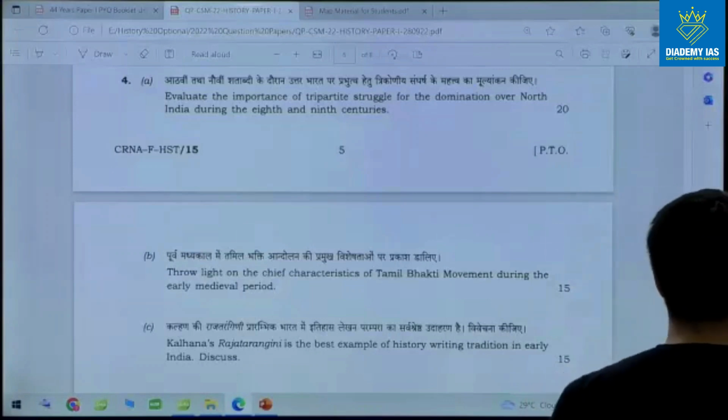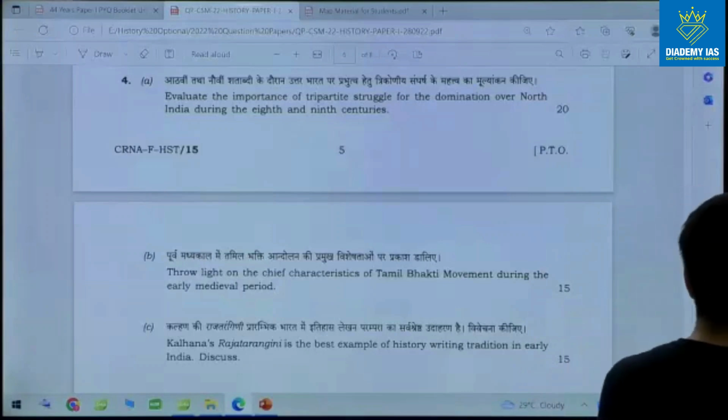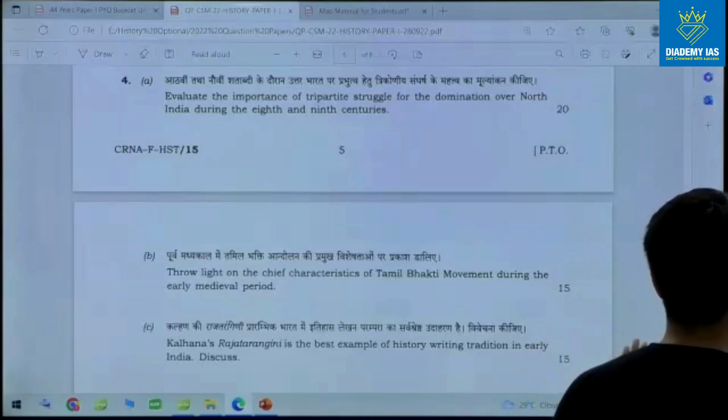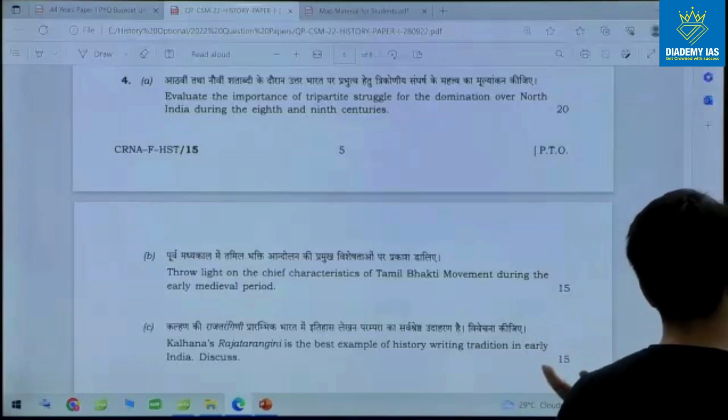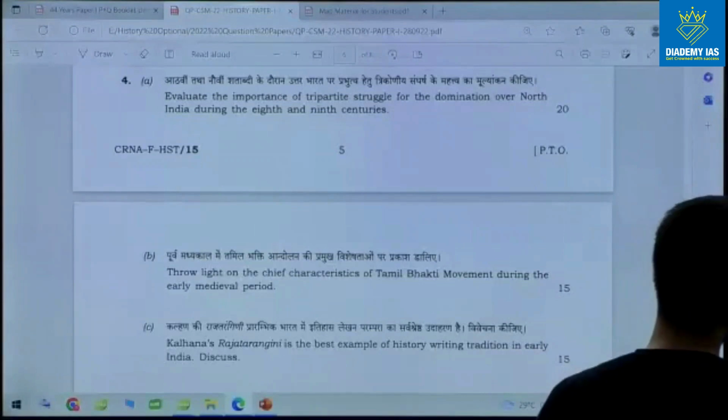That is why the 2013 question was also the same thing. For example, non-Aryan literature also entered into Vedic literature.